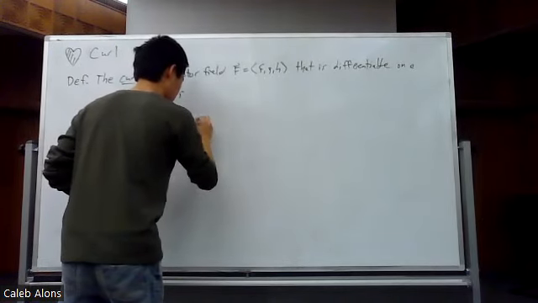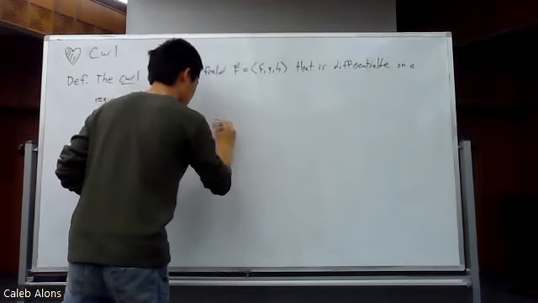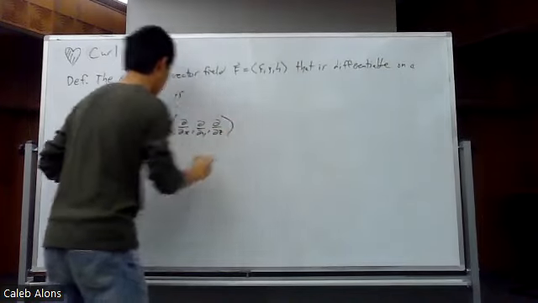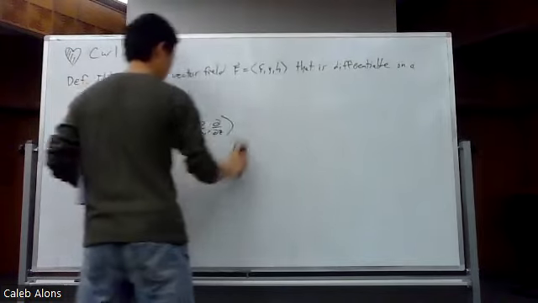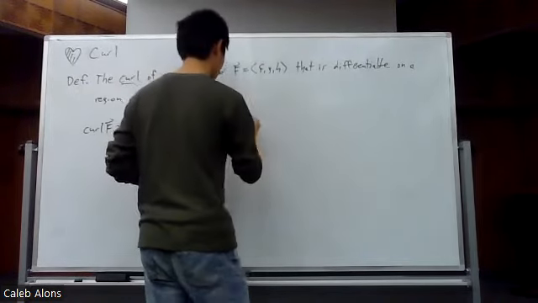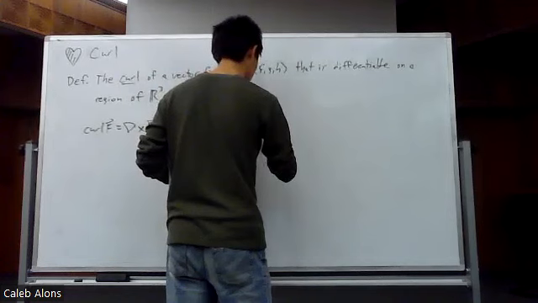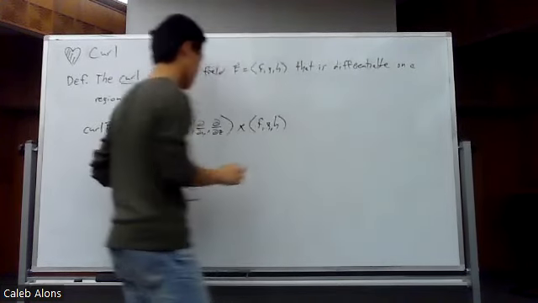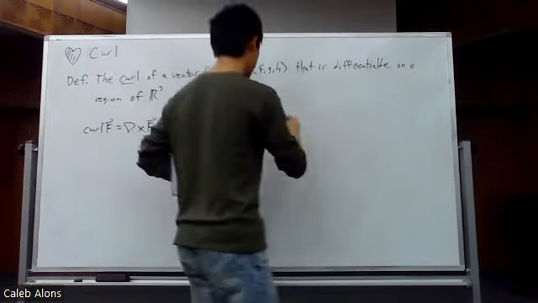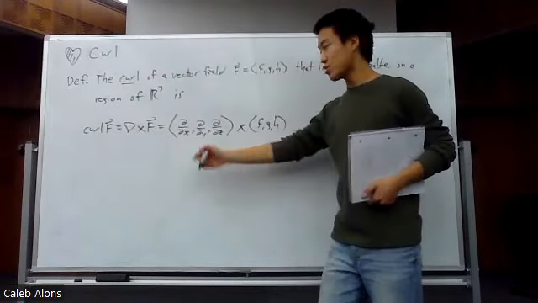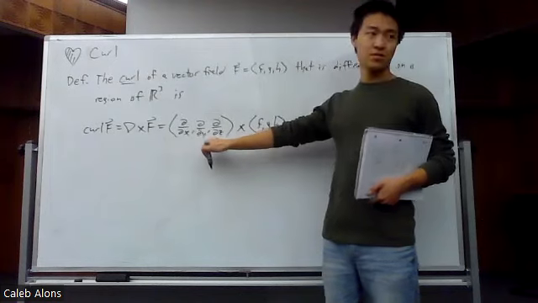Partial x, y. Okay, and then we need a field with 3 components, so let's just use the typical F, G, H. And again, treat this like a vector. Just ignore the fact that it looks like it's something else, okay?